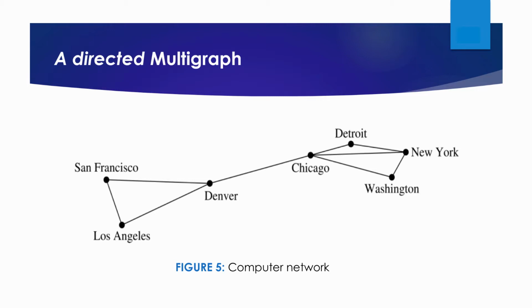To model a computer network where we are only concerned whether two data centers are connected by a communication link, we use a simple graph. This is the appropriate type of graph when we only care whether two data centers are directly linked and not how many links there may be between them, and all communication links work in both directions.